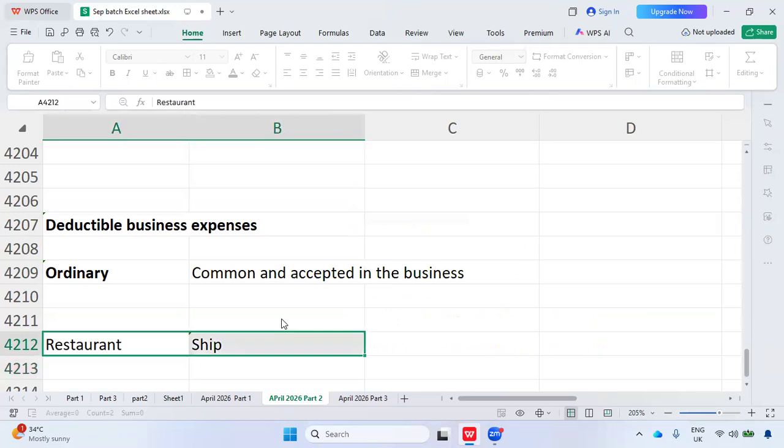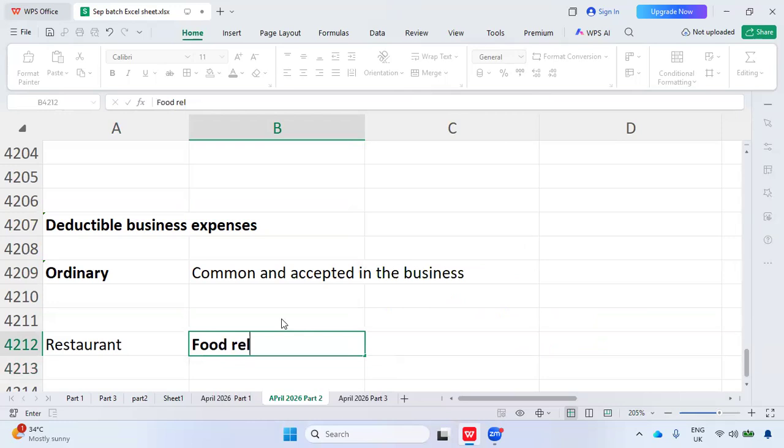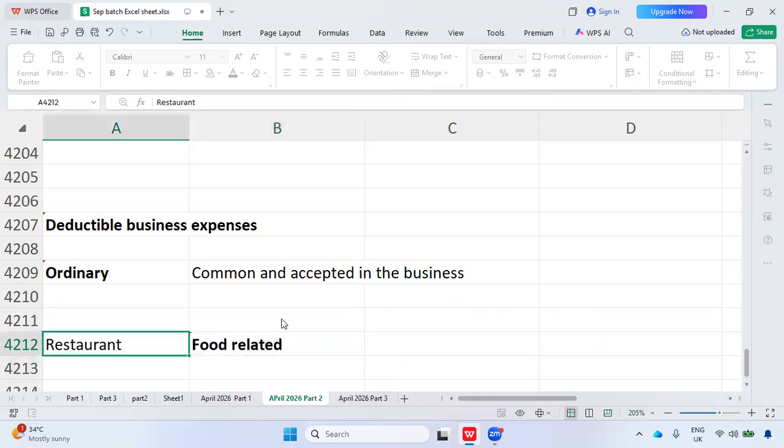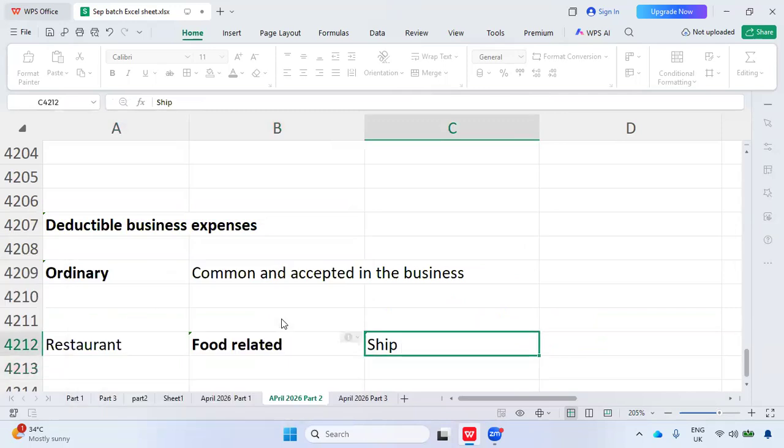Is it ordinary? No, that is not ordinary, right? Restaurants generally purchase food and food related items. So this is ordinary, but a ship is not ordinary. So we cannot claim other than ordinary expenses in the business.